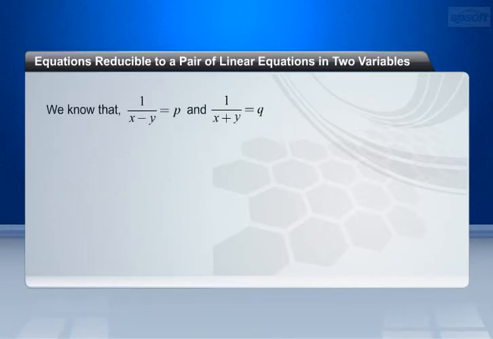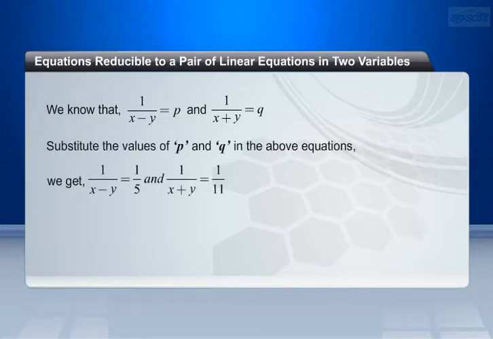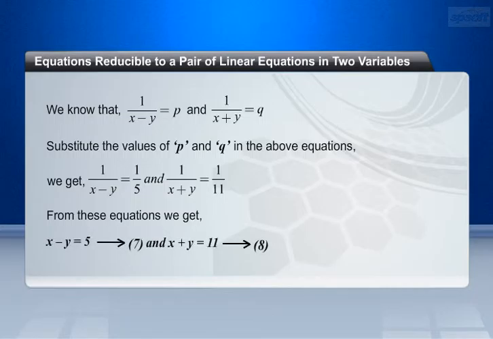We have taken 1 divided by x minus y as p, and 1 divided by x plus y as q. Then p and q can be written as 1 divided by x minus y equals 1 by 5, and 1 divided by x plus y equals 1 by 11. From these equations we get x minus y equals 5, equation 7, and x plus y equals 11, equation 8.